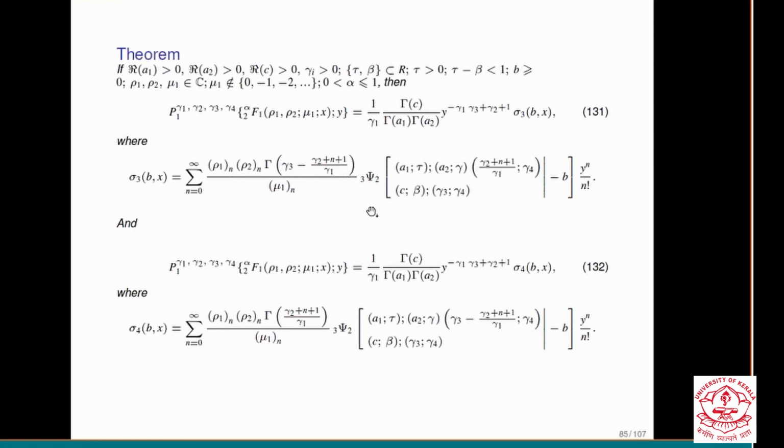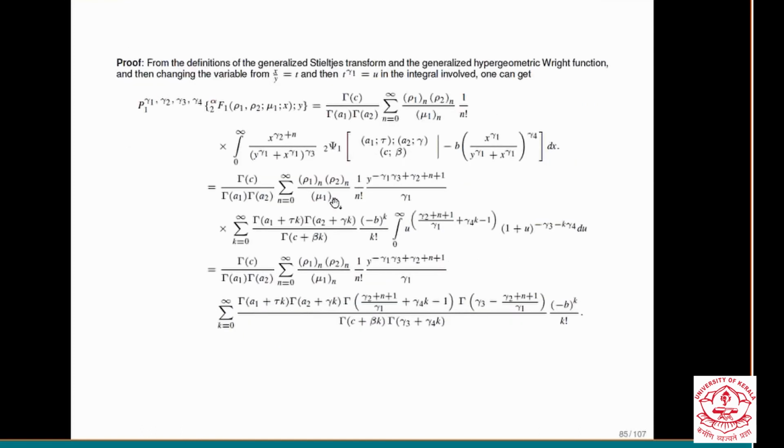So here sigma 3 is defined in this form, and this is 132, where sigma 4 of x is defined by this. So from the reference of the generalized Hysterresis transform, the generalized hypergeometric function, and changing the variable x upon y equal to t, and t to the gamma 1 equal to u in the integral involved, one can get our result, which is equal to this.